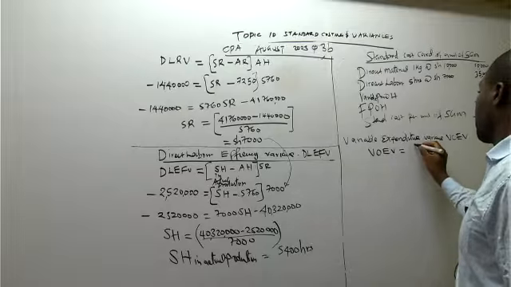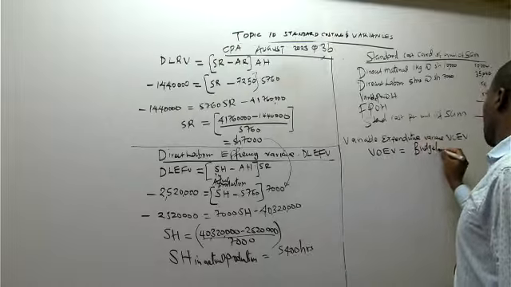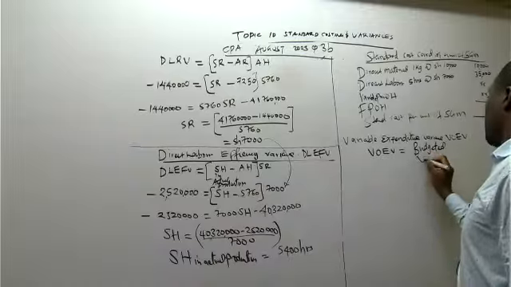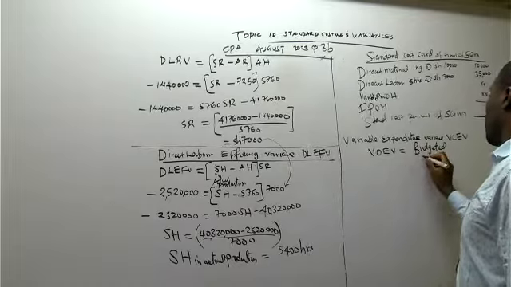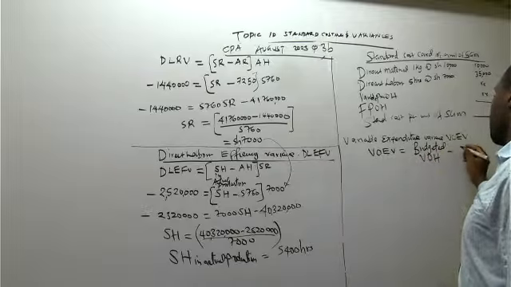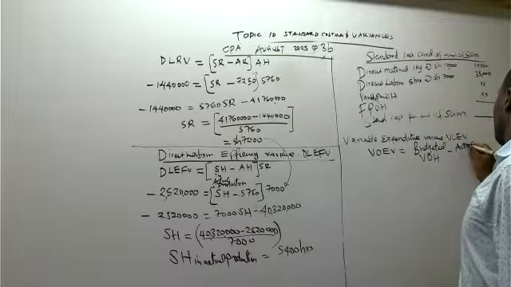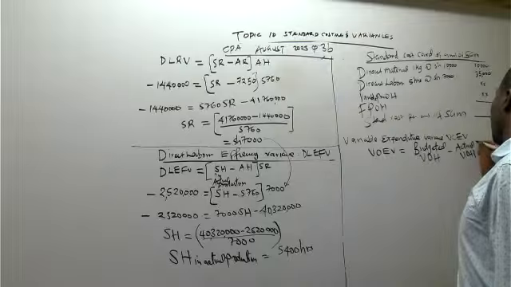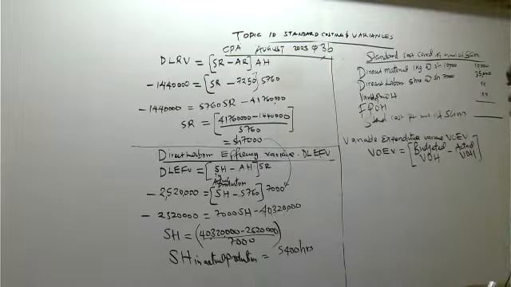So it is budgeted variable overhead. I believe you'll be able to write this in full, minus actual variable overhead. That is what we need to have.